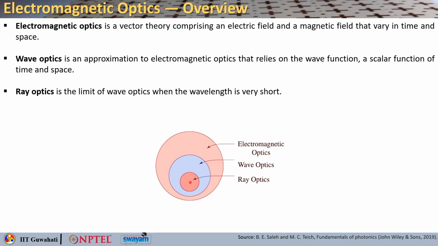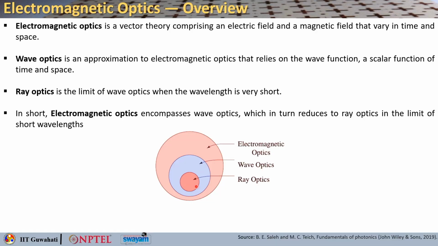And then you have ray optics, which is again a limit of wave optics when the wavelength is very short. That means the objects are much larger than the wavelength involved. So in short, you can say that electromagnetic optics encompasses wave optics, which in turn reduces to ray optics in the limit of short wavelengths, right.